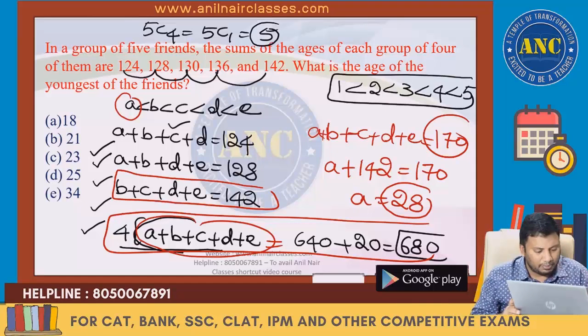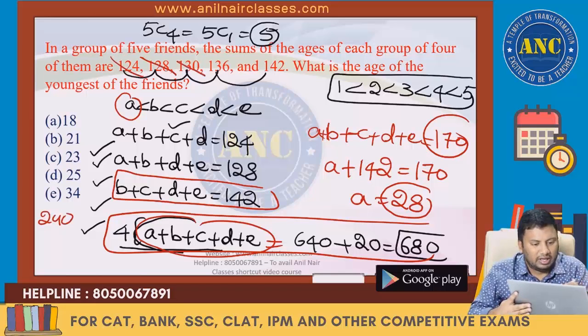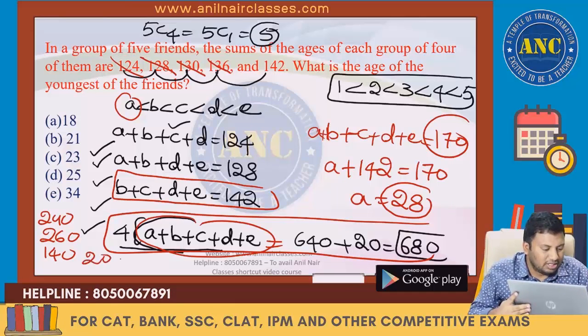4 into A plus B plus C plus D plus E. 120 plus 120, 240. 130 plus 130, 260. Next it is 140. 4 plus 8, 12. 12 plus 6, 18. 18 plus 2, 20. So this is nothing but 500. 500 plus 140, 640. 660 it is.